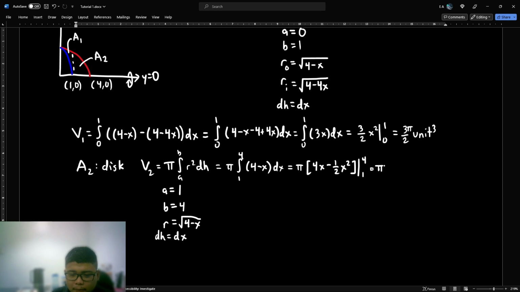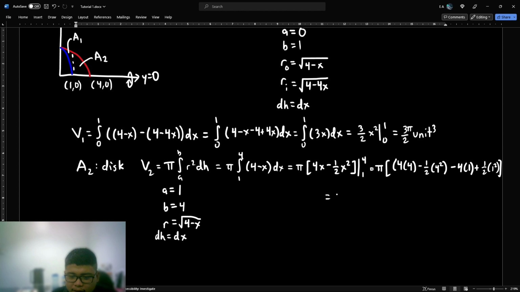So that would be pi times the quantity 4 times 4 minus 1/2 times 4 squared, minus 4 times 1 minus, if you subtract a negative number, that's simply adding it, plus 1/2 times 1 squared.